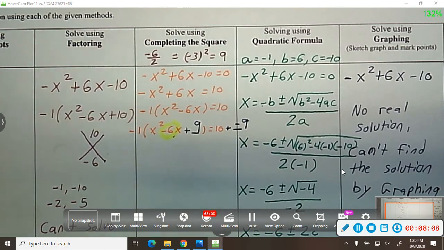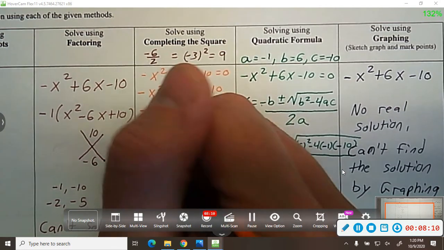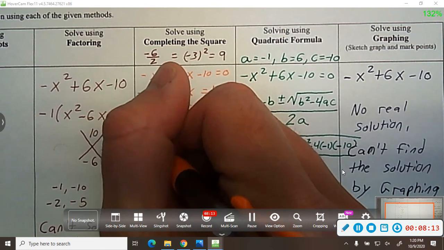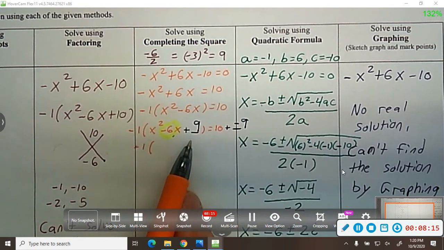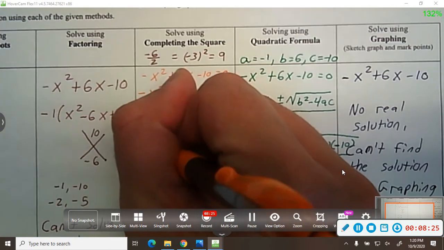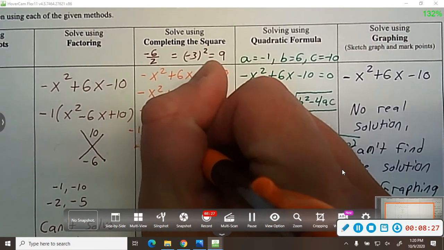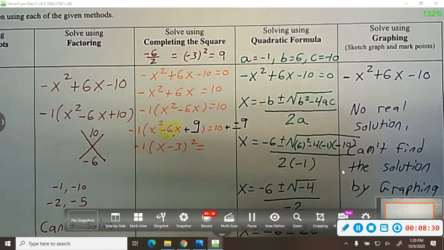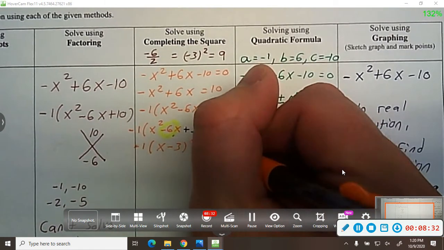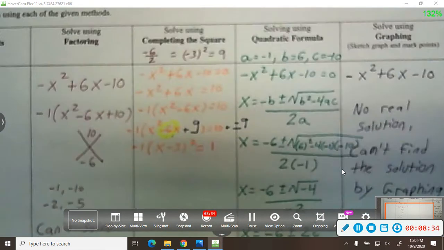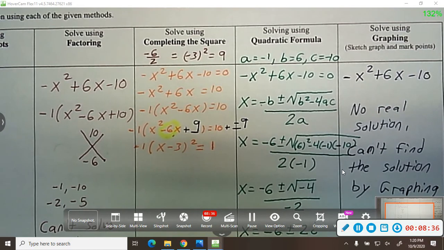From here, we're looking for two numbers that multiply to 9 but add to negative 6. That'd be negative 3 and negative 3. So I could write that as x minus 3 squared. And then 10 plus negative 9 is 1. And then I'll divide both sides by negative 1.